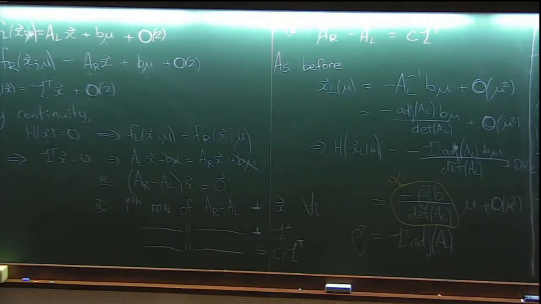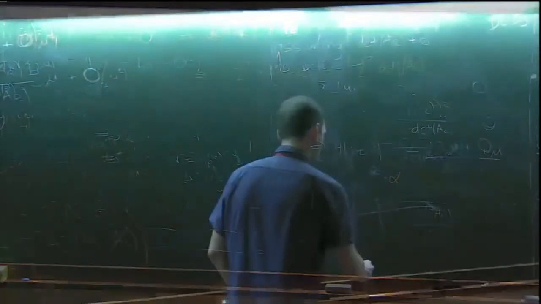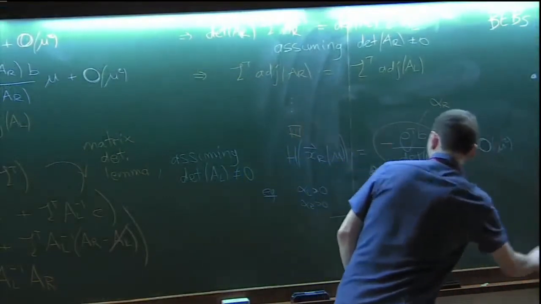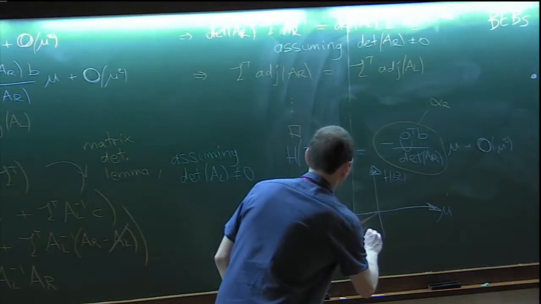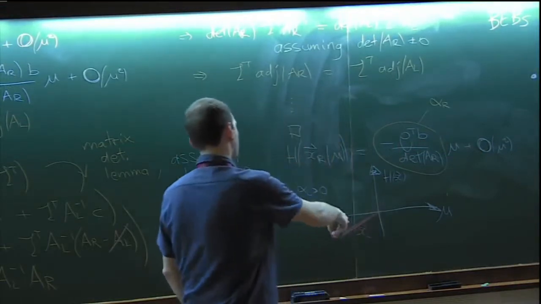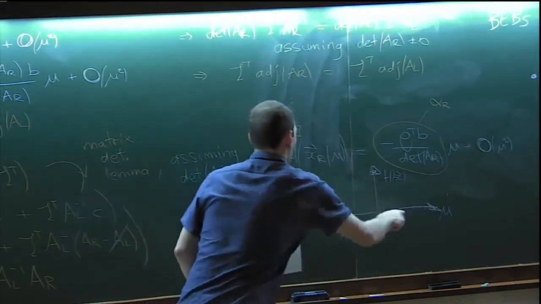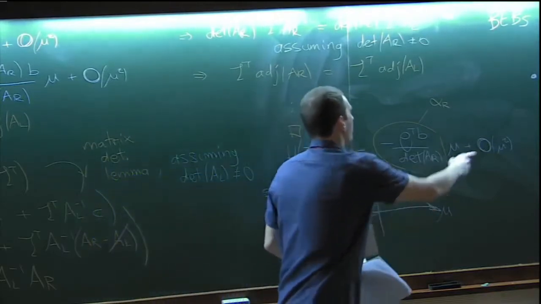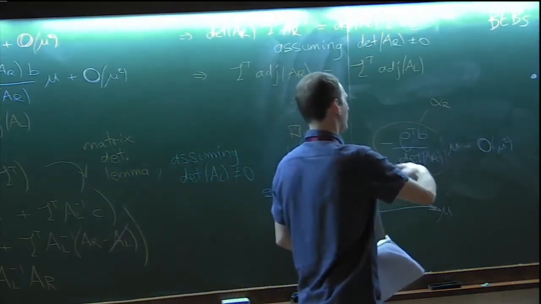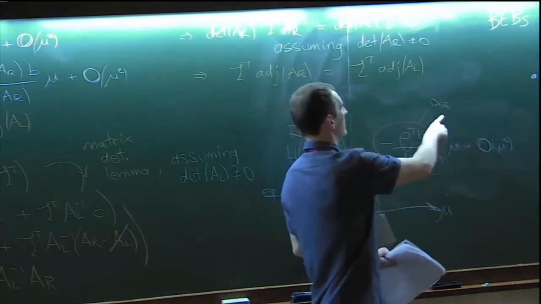So XL is admissible for mu negative. For XR to be admissible, we need this thing to be positive.